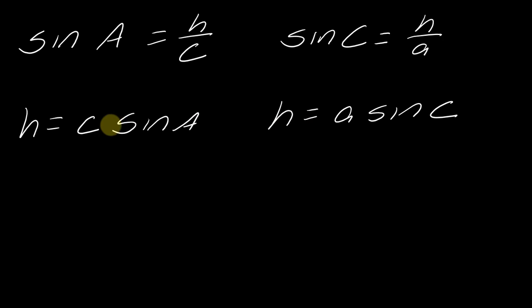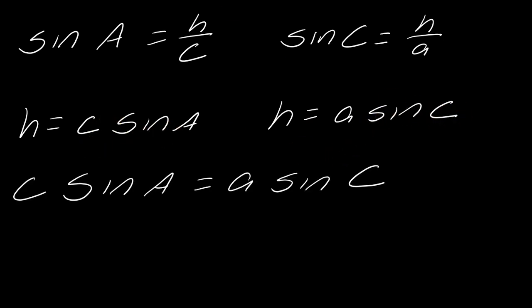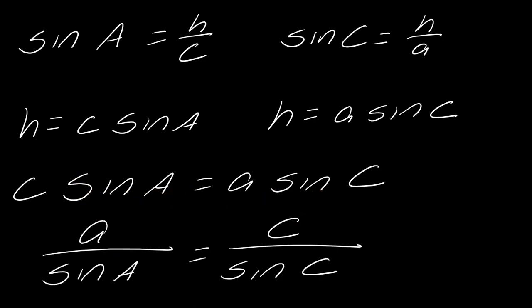And now that I've solved for h, I can set this equation and this equation equal to one another. And now here is the cute thing. If I divide both sides by sine of A and divide both sides by sine of C, I get this relationship here: a over sine of A equals c over sine of C. And this is what's interesting.